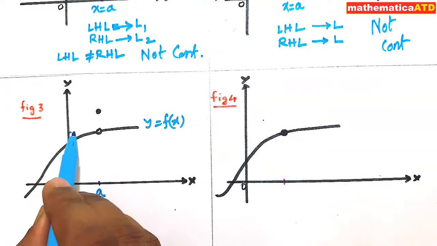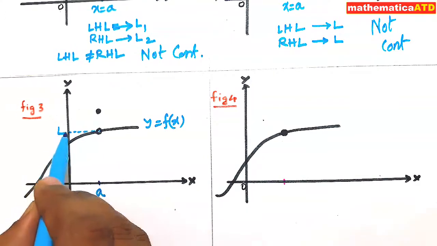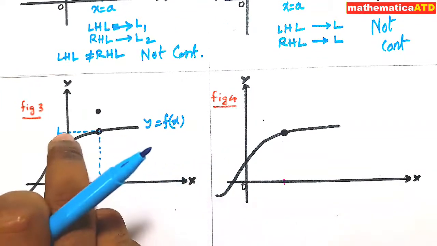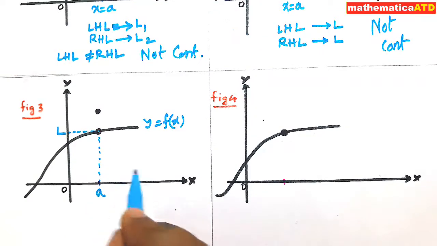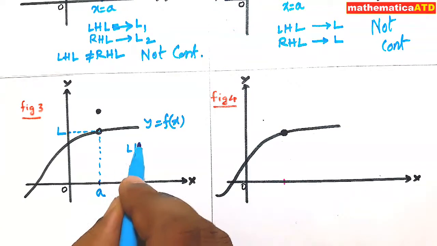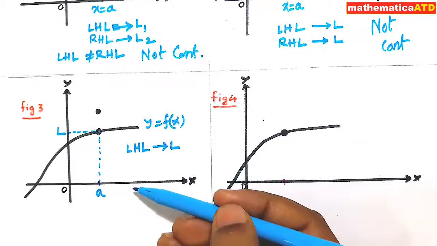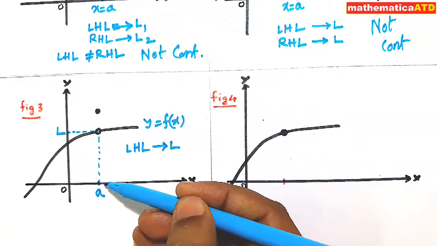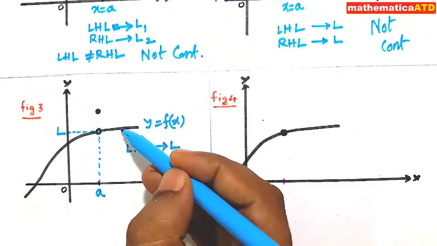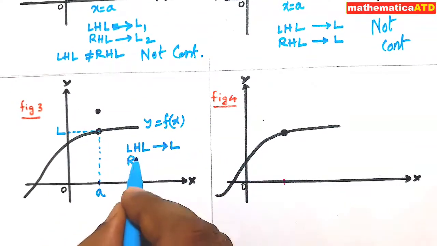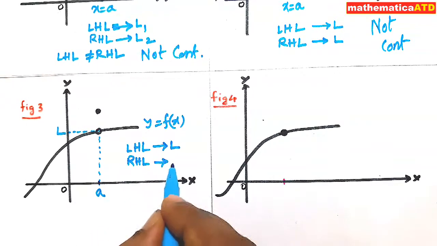Let us consider that this height be L. So LHL is tending to L. And when x is tending to A positive, then on the curve also f(x) is tending to L again. So RHL is tending to L.